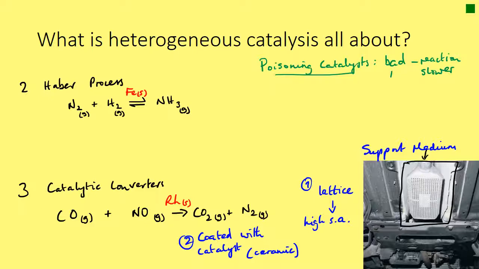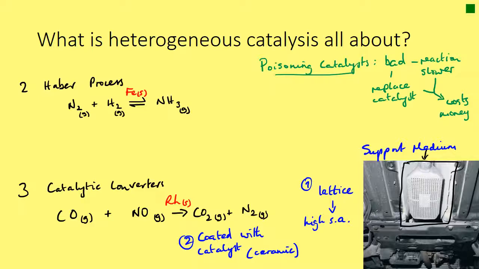And it's also bad because you have to replace your catalyst. And both of those reasons mean that money is wasted. And we don't want companies to waste money, because then our goods are more expensive for us to buy. So that's the problem with poisoning of catalysts.